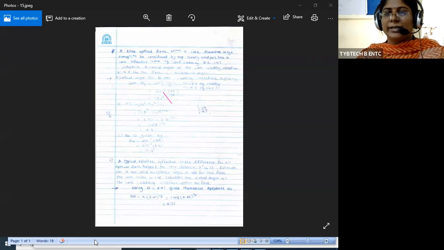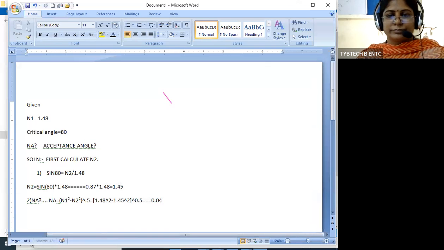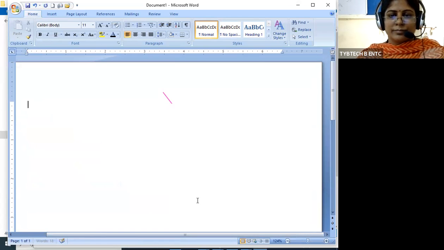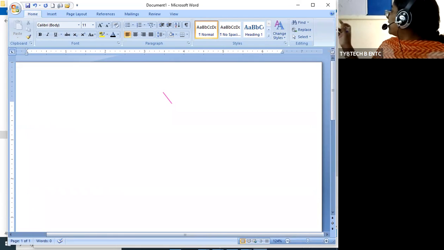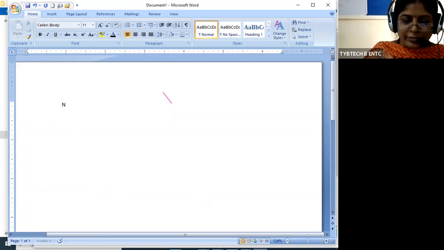I will just write down the values for this particular numerical that I have solved. So we are getting N2 is equal to 1.44.